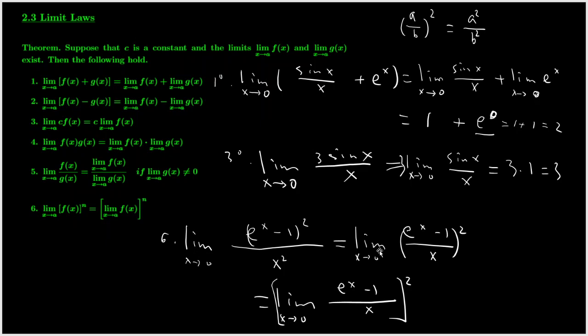From the left hand side, you have the last equation. The limit inside the brackets is the other important limit I told you to memorize. This limit is 1, so the whole thing is going to be 1 squared, which is 1. That question is designed to illustrate how to use property number 6, or the meaning of property number 6.